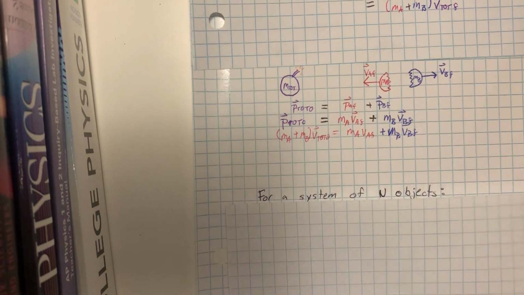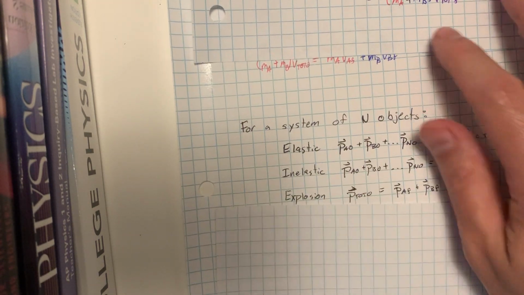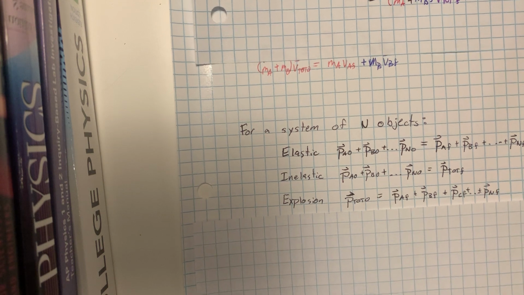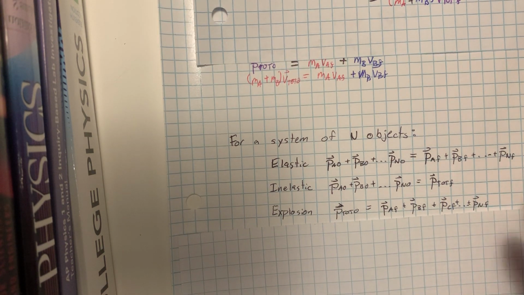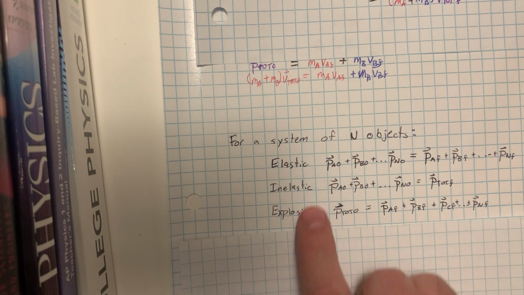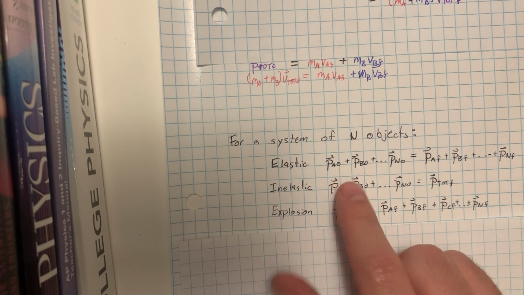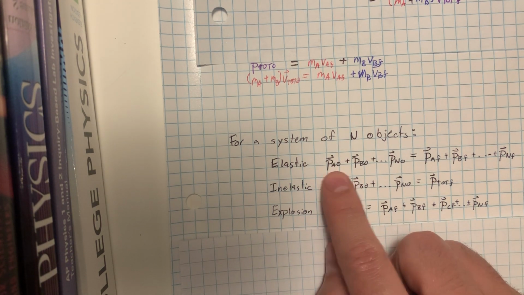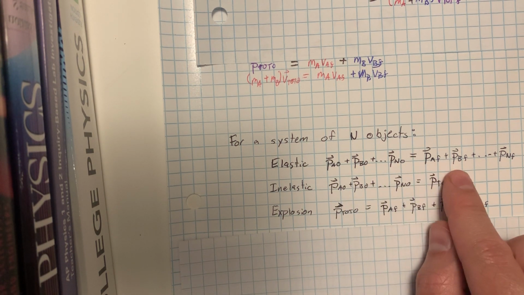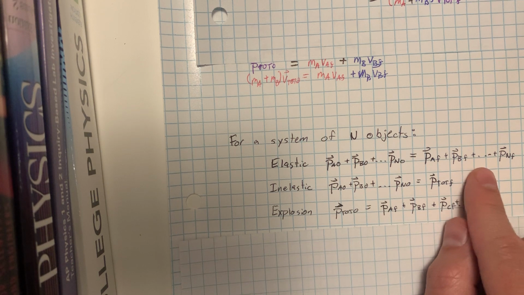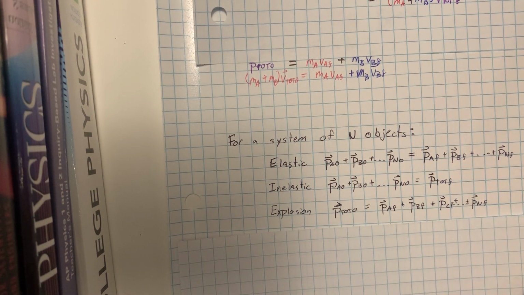Now, we can extend this to systems of more objects, right? Two objects is the minimum that we'd want to do. But if we've got an elastic collision with multiple objects, we would just add an extra term for each one: PAF, PBF, PC, all the way up to PN.